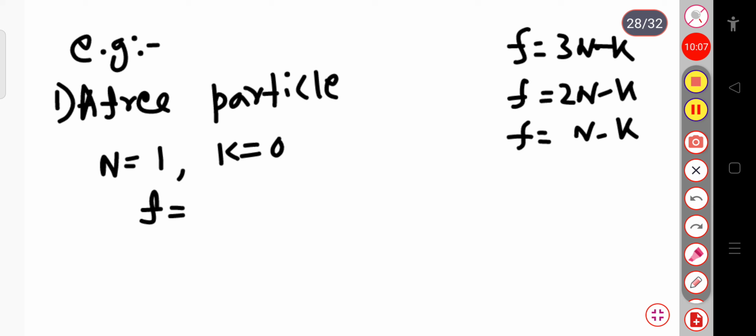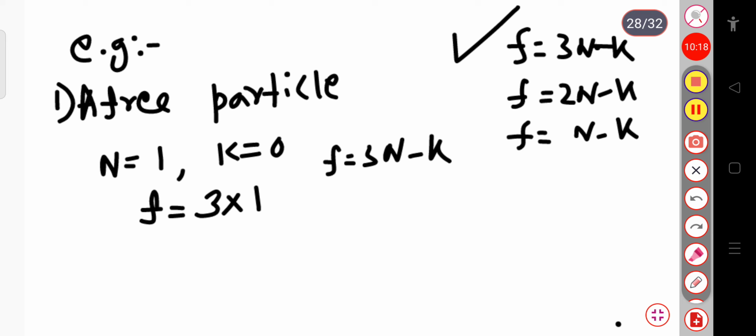If I consider the three-dimensional system, in f equal to 3n minus k, I substitute n equal to 1 and k equal to 0. So f will be equal to 3. So its degrees of freedom is 3 for a free particle, and this is the same for a monoatomic gas.